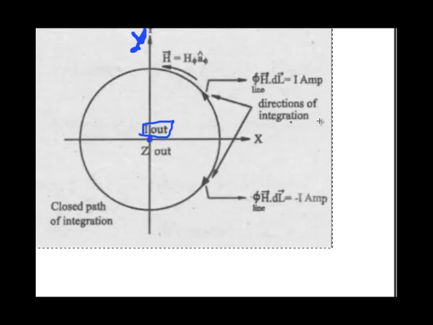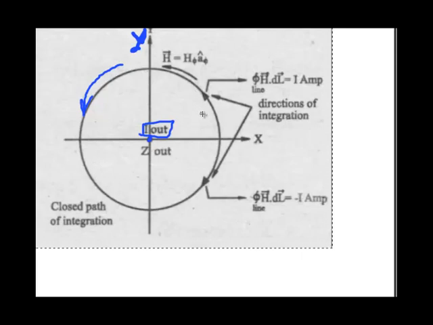The magnetic flux lines flow in anti-clockwise direction because it is given by Fleming's right hand rule. In Fleming's right hand rule, you put your thumb in the direction of current, and your curled fingers show the direction of magnetic flux lines. If you put your hand like this with your thumb pointing outward from the plane, your fingers show the direction of magnetic flux line, which is anti-clockwise.